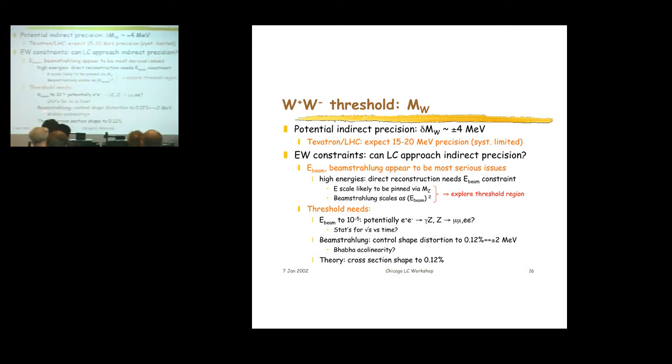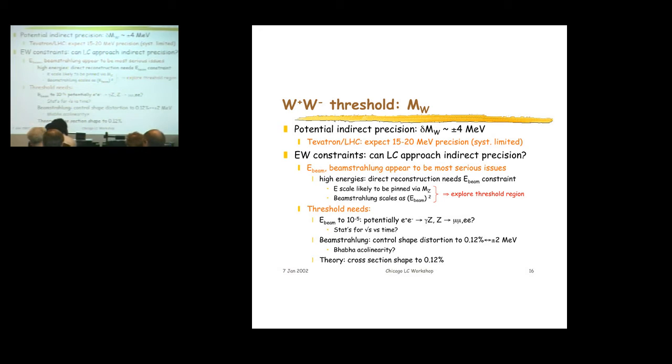With beamstrahlung, you need to control this distortion of the shape in the threshold region to about 0.12%, which would then correspond to plus or minus 2 MeV uncertainty on the W mass. And it appears that one can use the Bhabha acollinearity to control this, but again, this places stringent demands on detector alignment.